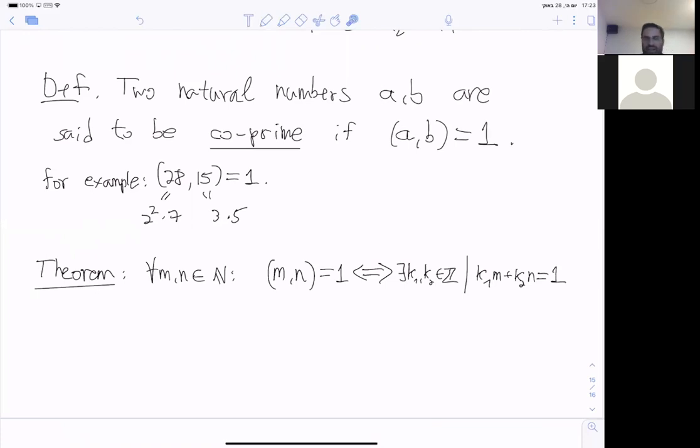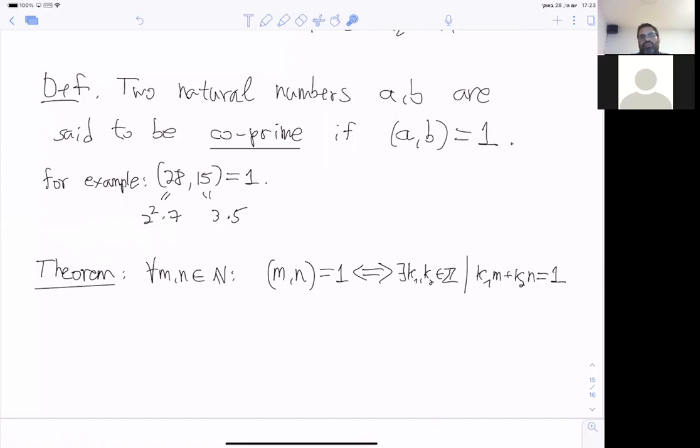We have seen in the Euclid algorithm this direction for a general D. Now it says that if they are coprime, I mean, if you find an integral combination that gives you 1, you can be sure that they are coprime.